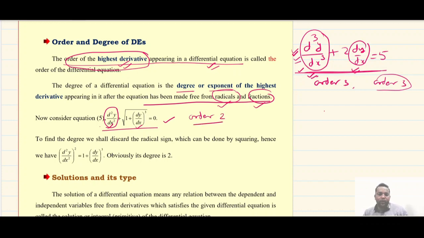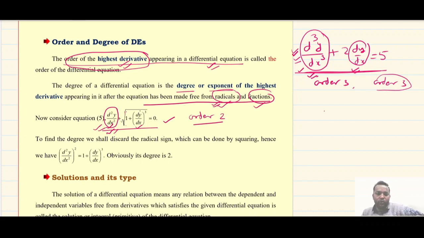But in the case of obtaining the degree of this differential equation, a square root is involved. Square root is basically a radical sign. So in order to find the degree, we first have to make this equation free from this radical sign or square root sign.